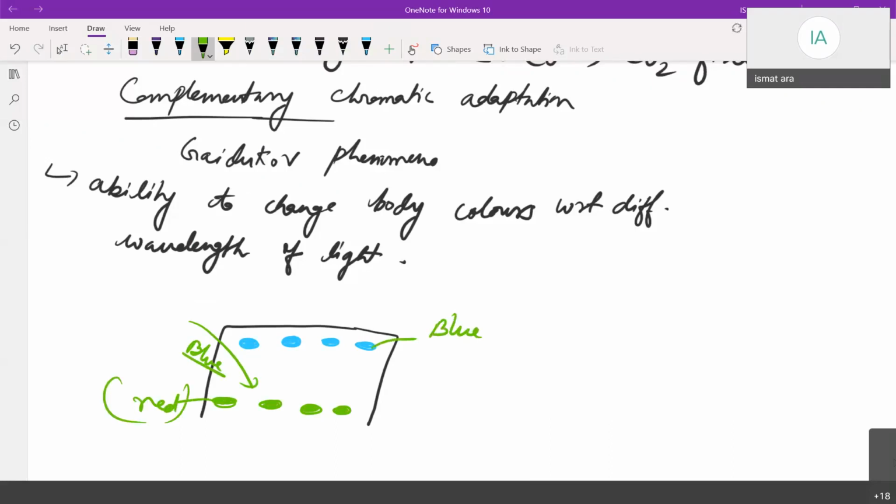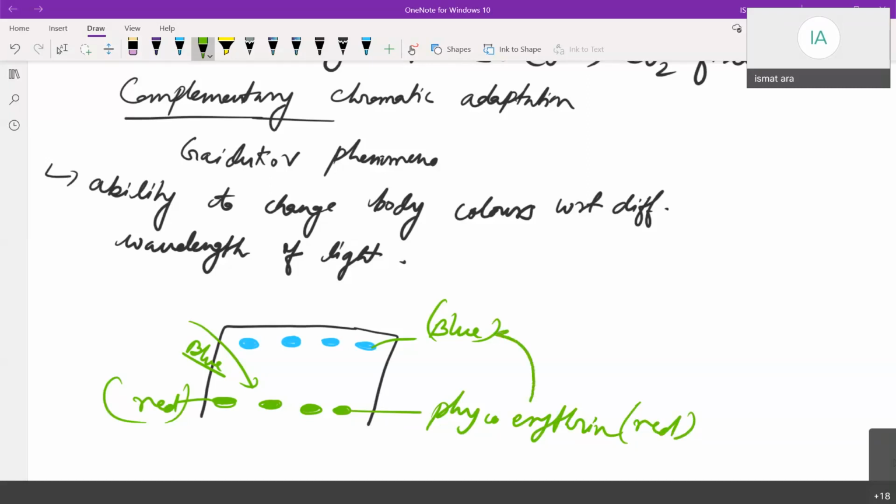So why the difference in color, student? On the surface, they are formed in blue color. In the bottom region, they are formed red in color. In the bottom region, phycoerythrin is present. This phycoerythrin is red in color.